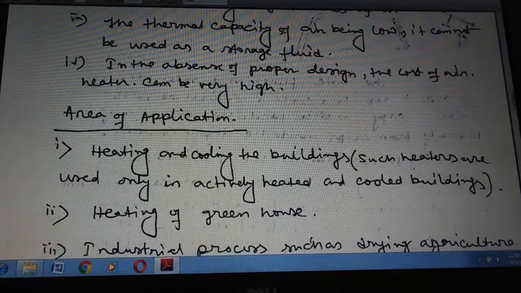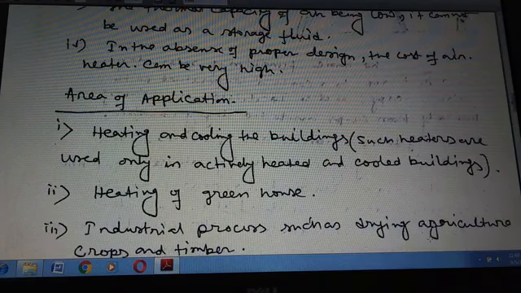Now the vital areas of application. The important areas of application of non-forced absorber type air heaters are: first one, heating and cooling buildings. Such heaters are used in actively heated or cooled buildings.